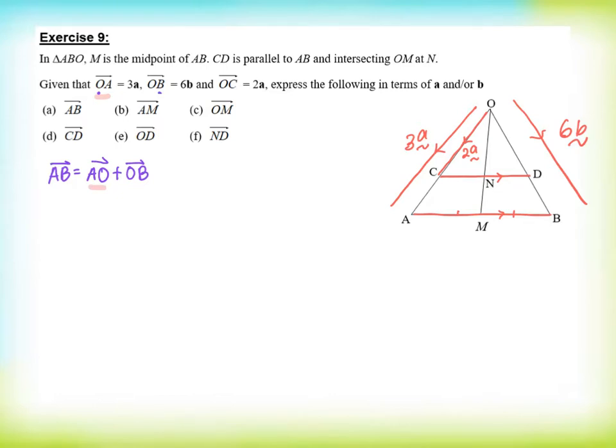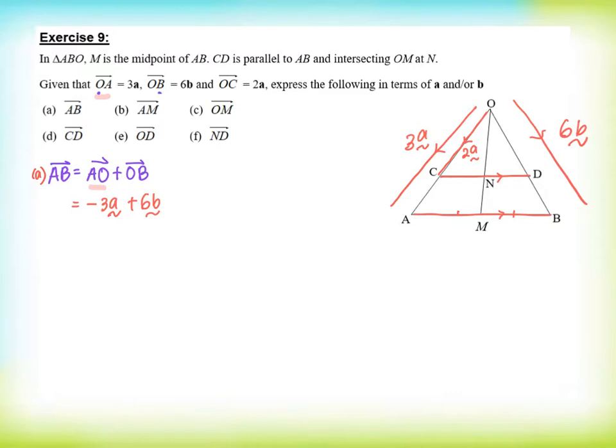So they are negative vectors of each other. So that means A to O will be negative 3A. And O to B is given to be 6B. This is the answer for part A.